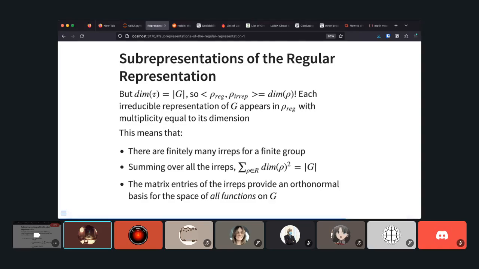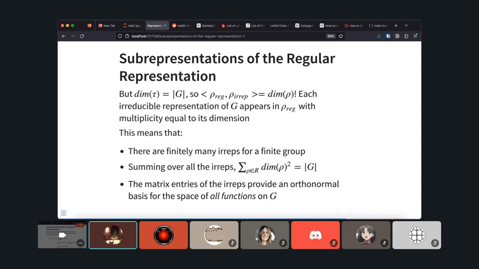And this I maybe have not justified sufficiently well, but the dimension of the space of all functions on G is the order of G. For each rho there are d rho squared matrix elements of the representation, and it turns out that the number of matrix entries is the same as the number of elements in the group, which is the number of dimensions in the space of all functions on the group.